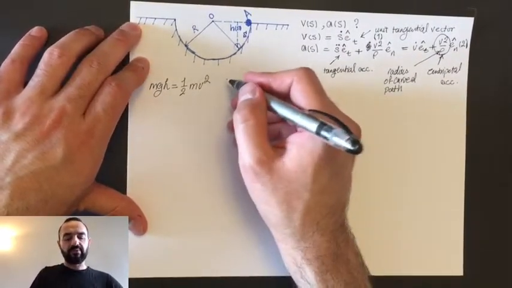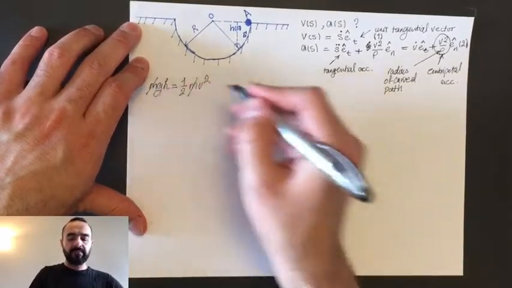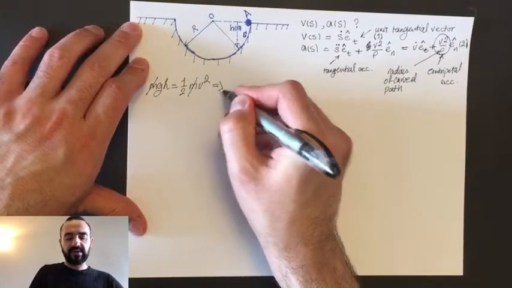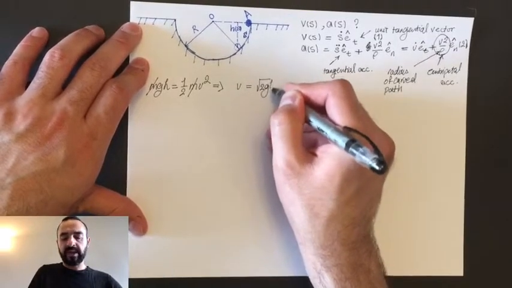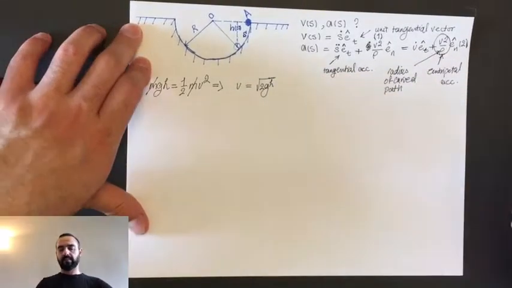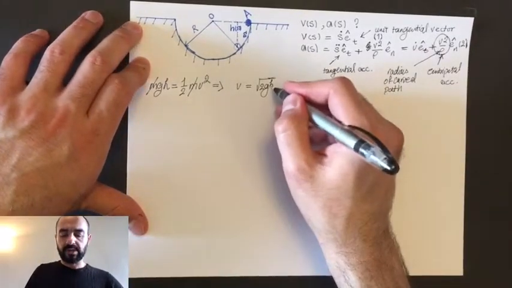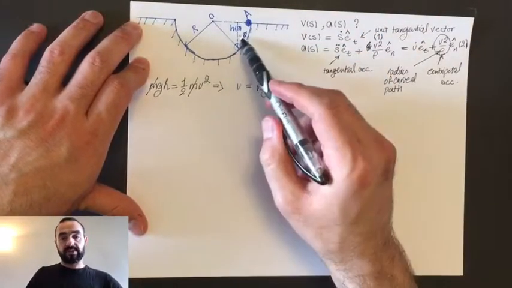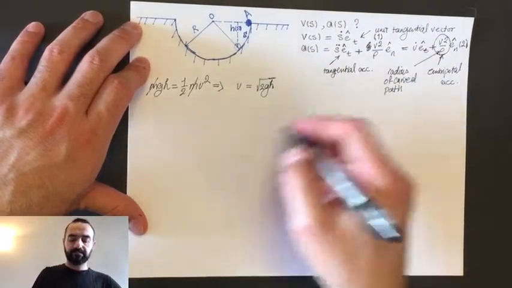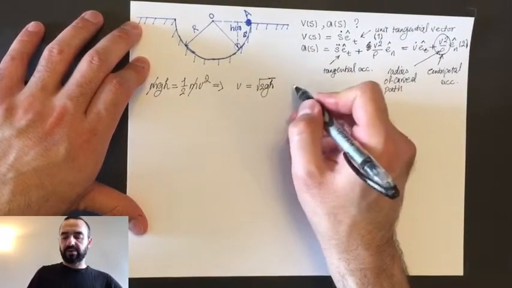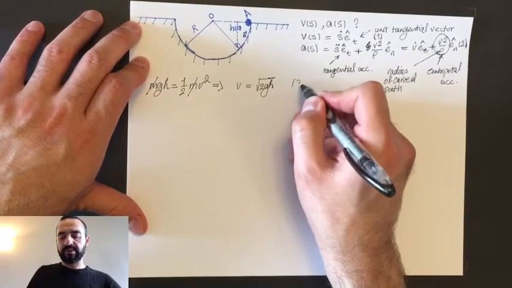All right, m cancels with m. If you solve this equation for v, you get v is equal to the square root of 2gh, which is the magnitude of velocity, right? h can be described in terms of s. So let's call this equation 3.